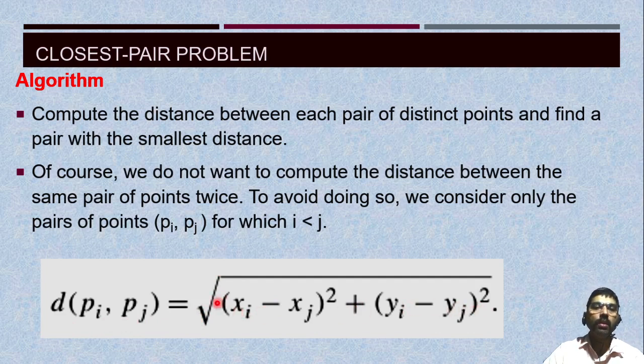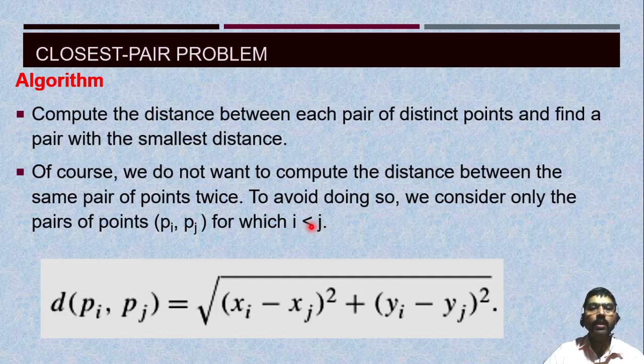Now, in the algorithm, we would compute the distance between the same 2 points twice. For example, once I compare the distance from Pi to Pj, and a second time I compare the distance from Pj to Pi. The distance is the same for these points. To overcome this, we apply a condition: the i value should always be less than j.